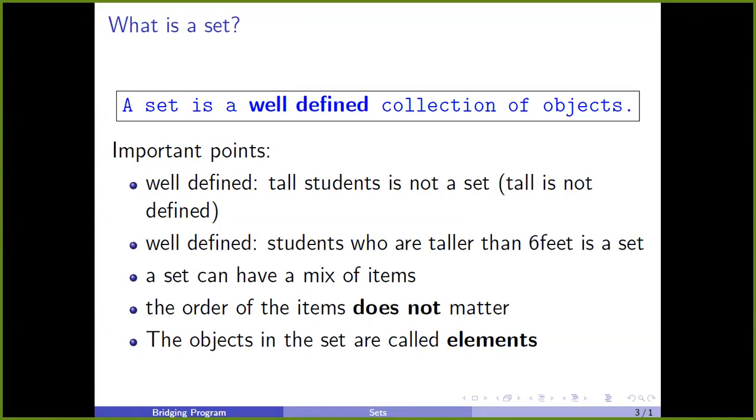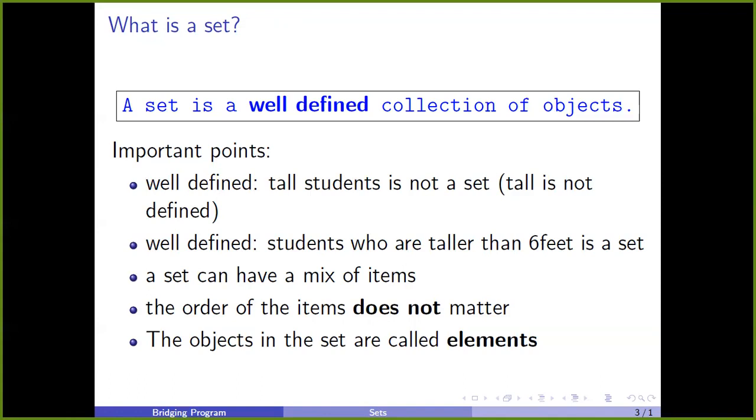And in a set, you can have a mix of items. For example, you might have letters, you might have numbers. As far as you can define them, it's a proper set. Next, it doesn't have any order. The order doesn't matter.